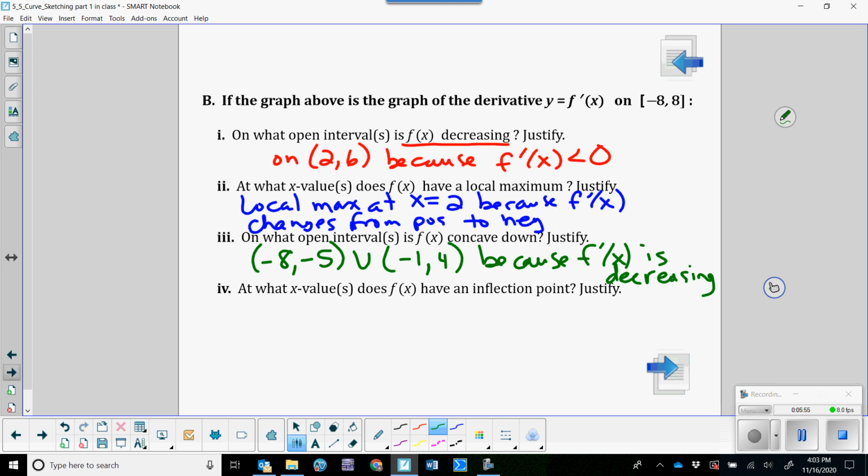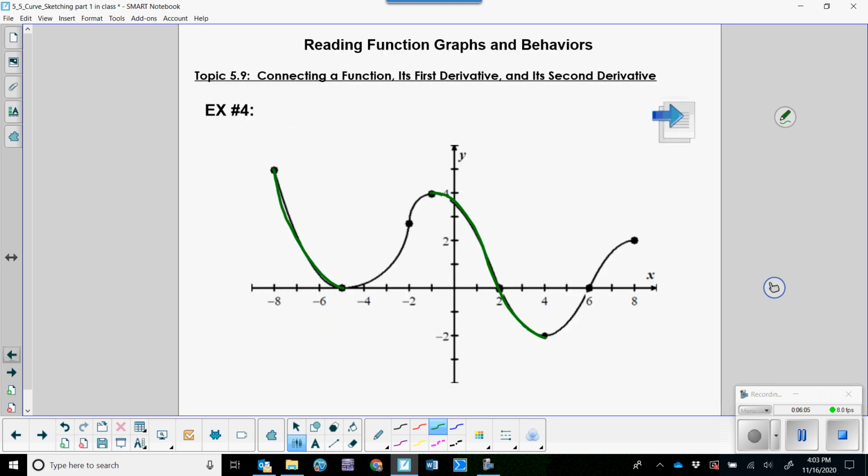And then it says, at what value or values does f of x have an inflection point? An inflection point would be where your concavity changes. Your concavity is going to change if f prime changes from decreasing to increasing, or increasing to decreasing. You could also talk about where your f double prime signs are, but I would just stick with decreasing to increasing and so on.